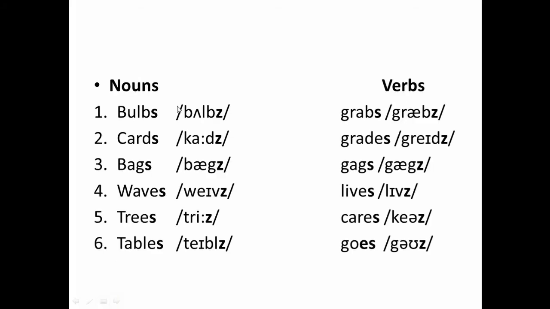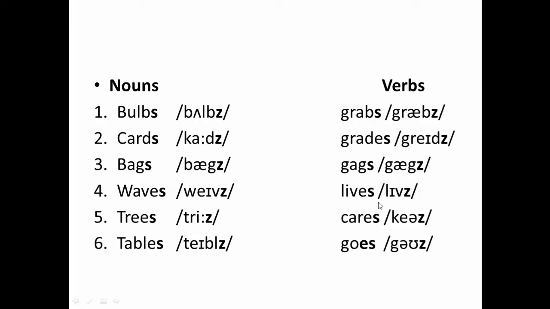Again, this is the column of nouns and this is the column of verbs. Bulb, voiced; card, d, voiced; bag, voiced; v, voiced; e, voiced; l, voiced. We have added s to all of these, but when we pronounce them, they are pronounced as z. Bulbs, cards, bags, waves, trees, tables.